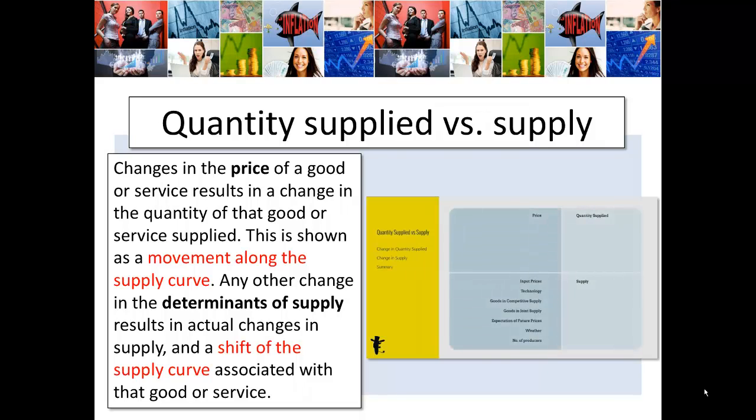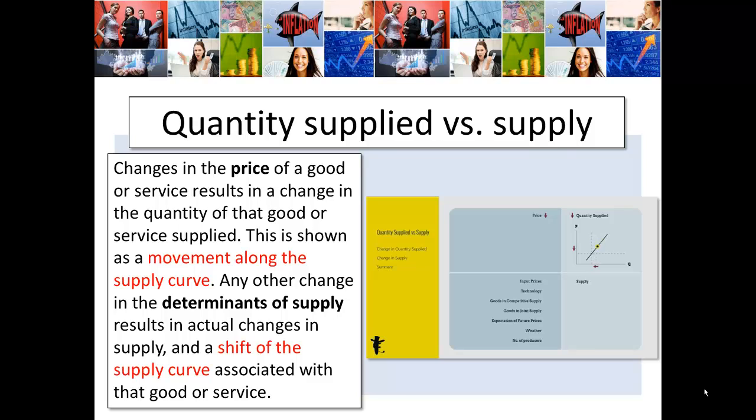Let's add graphs into the summary. When price increases, quantity supplied increases. It's a movement up the supply curve. When price decreases, quantity supplied decreases.